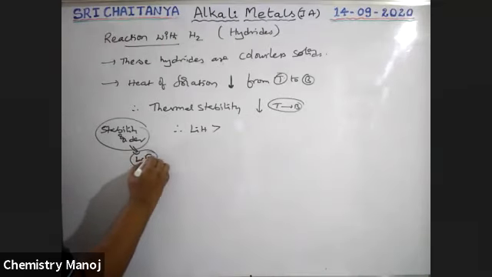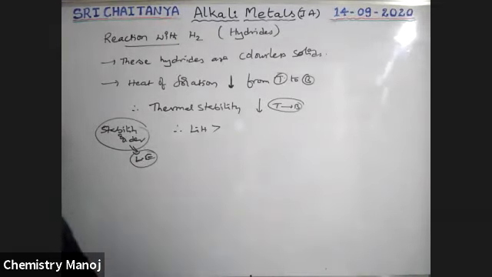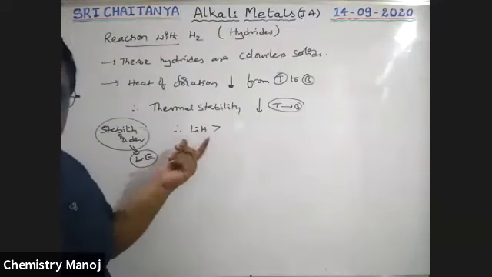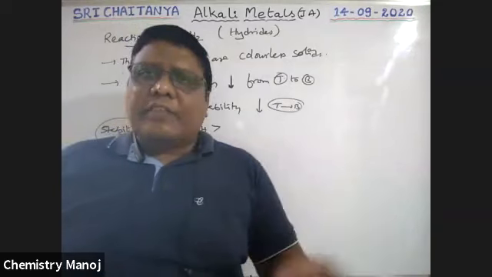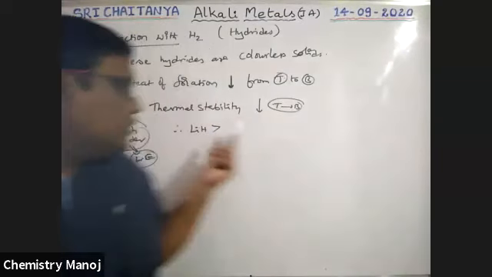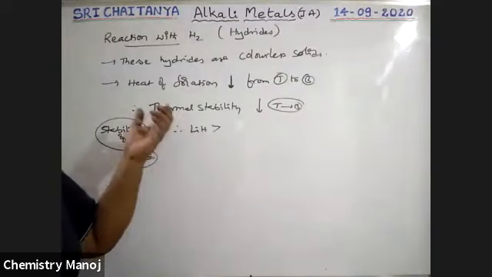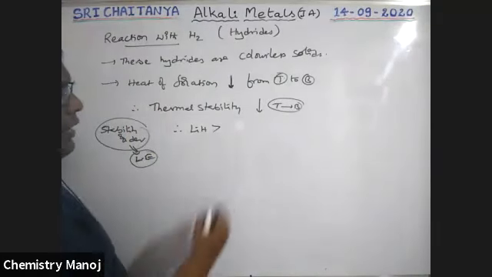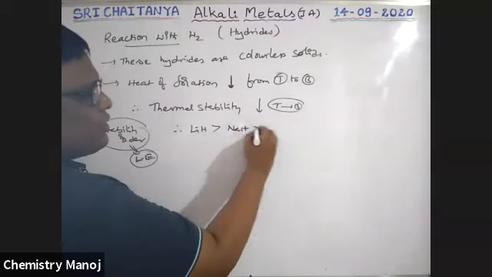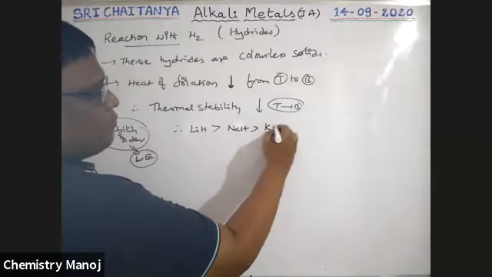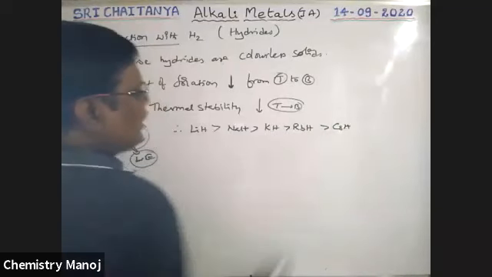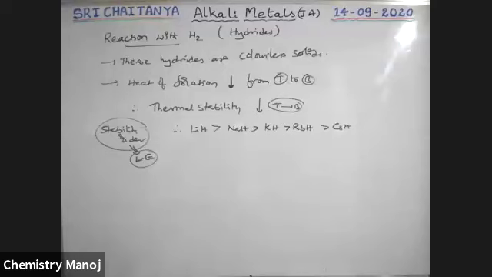These are ionic compounds that have a lattice energy. The more the lattice energy, the more the stability. Lattice energy is directly proportional to charge and inversely proportional to the size of the ions. So these have smaller size, more lattice energy, more stability. So the stability order is lithium hydride greater than NaH, then lithium, sodium, potassium, rubidium, cesium. This is the order of thermal stability of these hydrides.